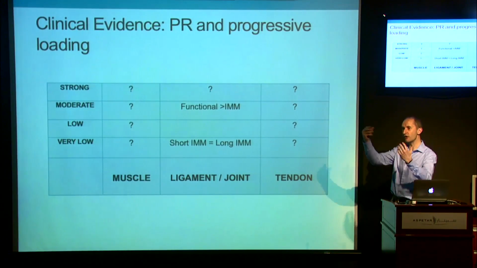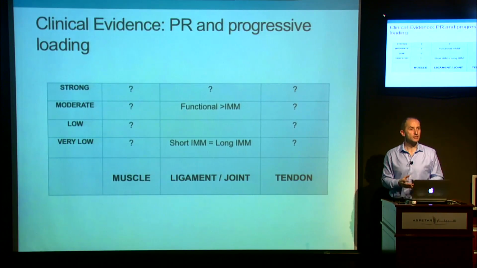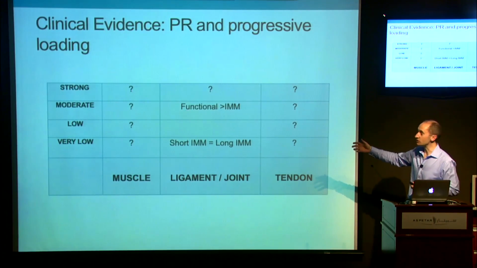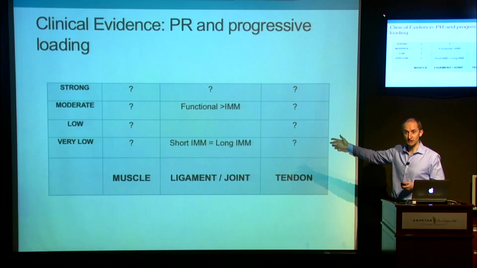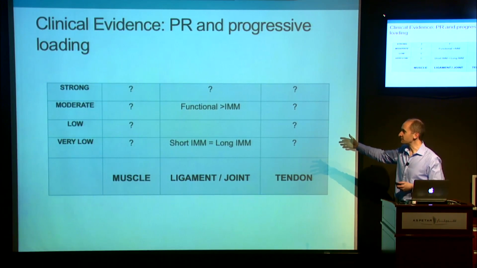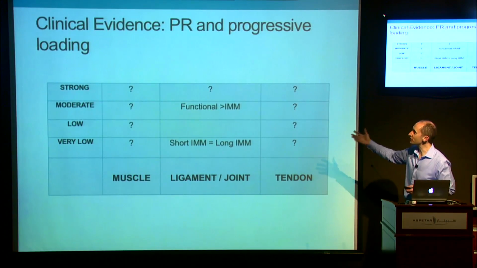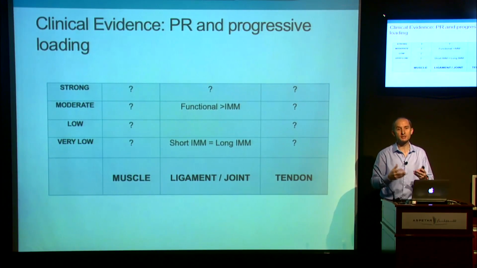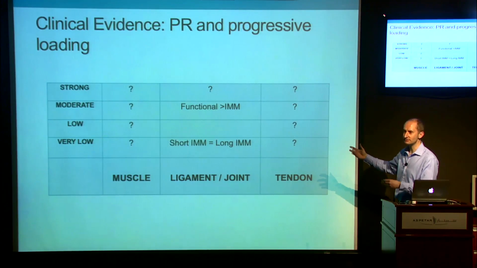So the idea of how much rest, how much load. Most of the studies that have been done have related to joints, often associated with post-surgical interventions, and particularly around the knee and the ankle. We see many of them, and what we see is moderate evidence that a functional approach is better than immobilization.